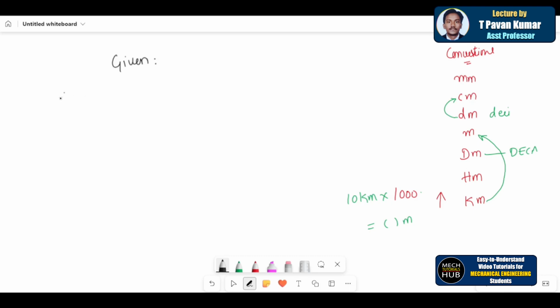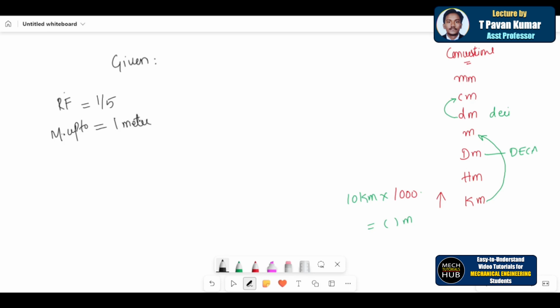RF will be given, and the maximum distance or measure up to distance will be given, as I said in the beginning. Let us take RF equal to 1 by 5 and read up to a distance of 1 meter.